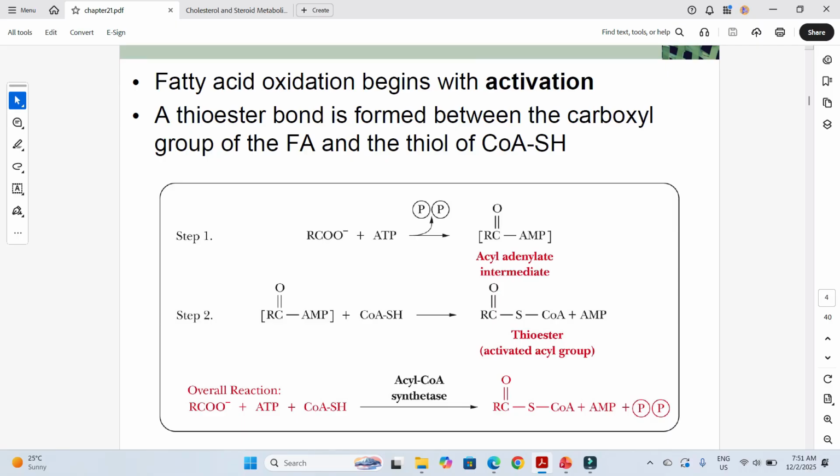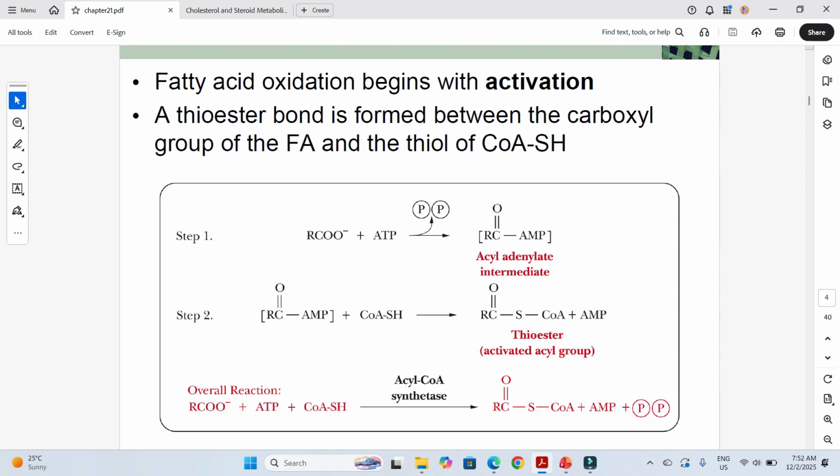Now, the fatty acyl adenylate intermediate will then react with coenzyme A. This time around, coenzyme A, using its sulfur atom as the nucleophile, will attack the carbon atom, and this carbon atom will undergo nucleophilic acyl substitution reaction to produce a thioester, right?